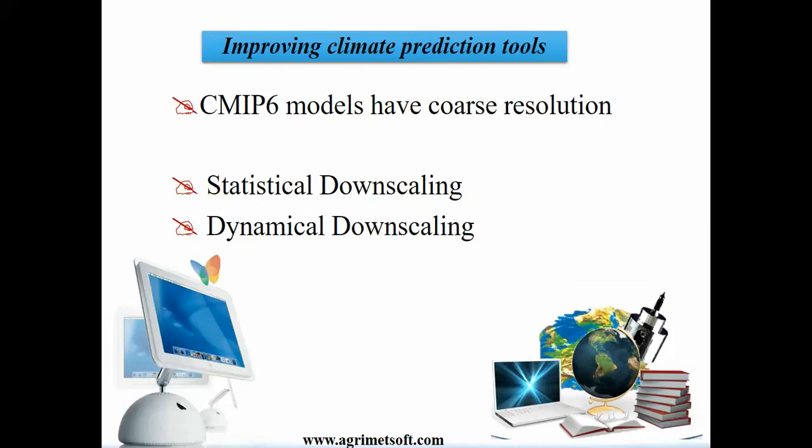Another last point related to CMIP6 that I prefer to tell you: as I told you before and showed the global map with different grids, CMIP6 models have different spatial and temporal resolution. But in spatial resolution, each of the grids has a coarse resolution, and for some of your goals it wouldn't be applicable.